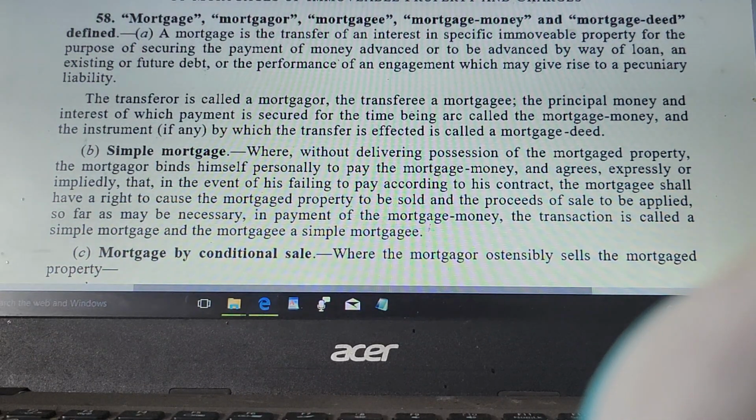The transferor is called a mortgagor. The transferee is a mortgagee.